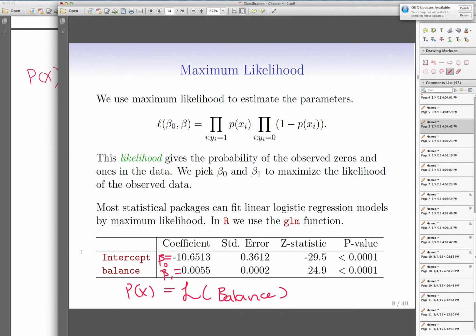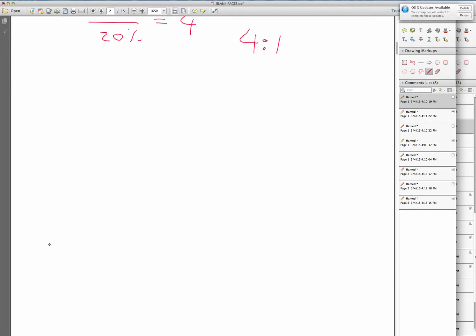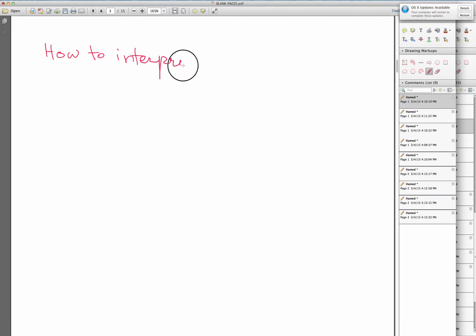So let me spend some time to explain the coefficients of logistic regression lines and how you can interpret them. So our topic is how to interpret logistic regression coefficients.